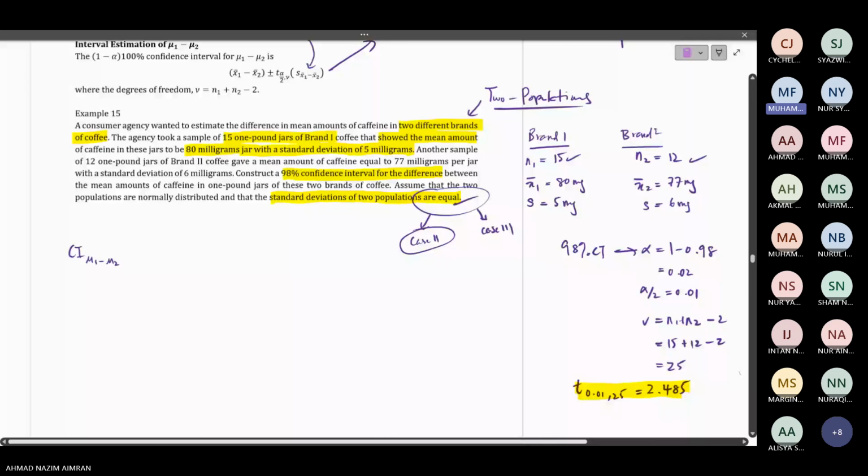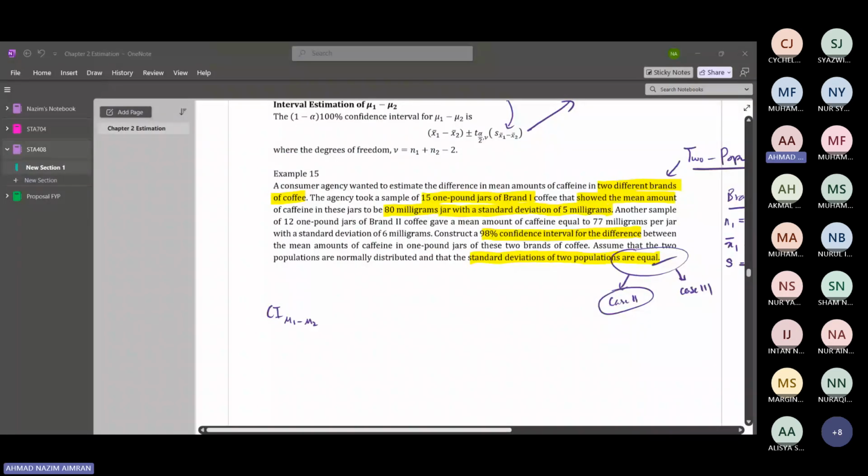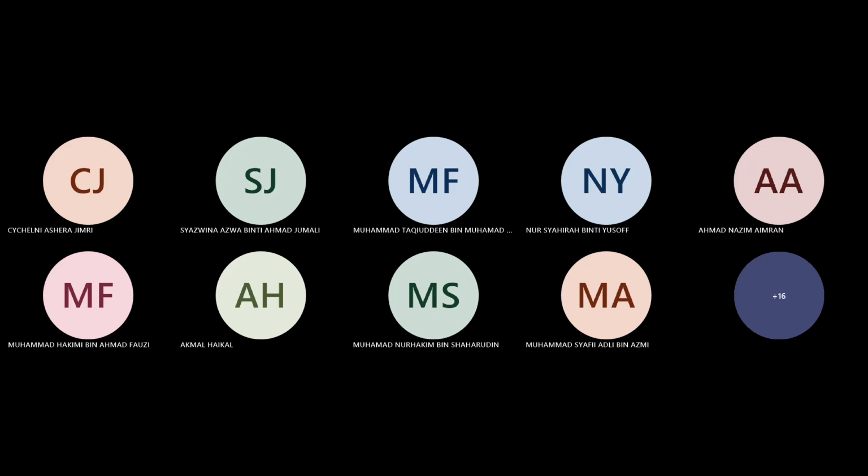Okay, let me open it. Now I will share the statistical table.